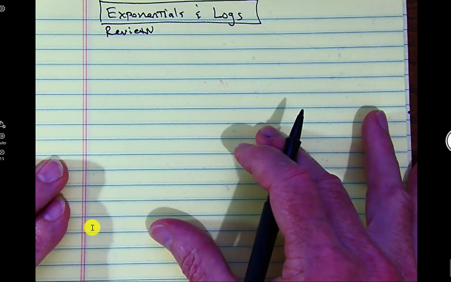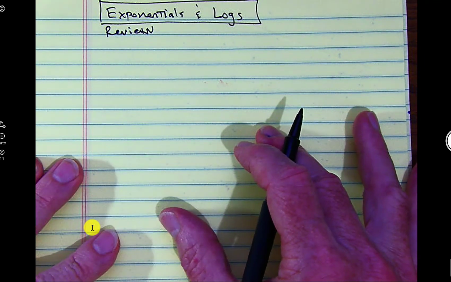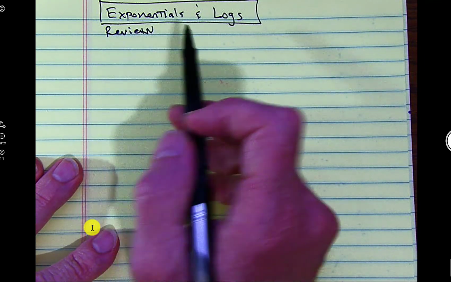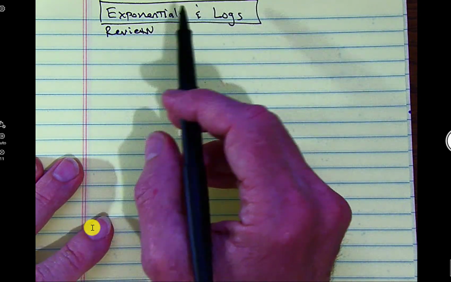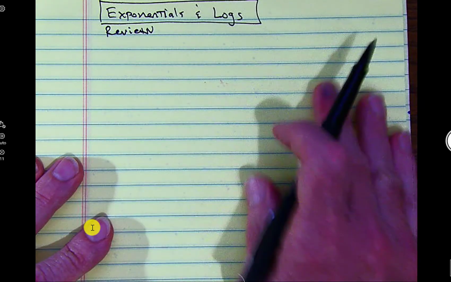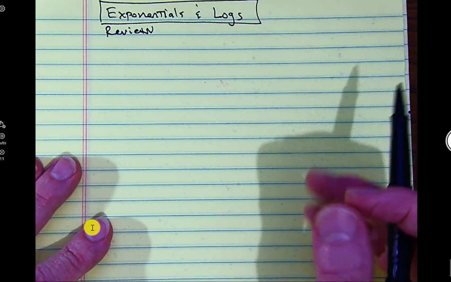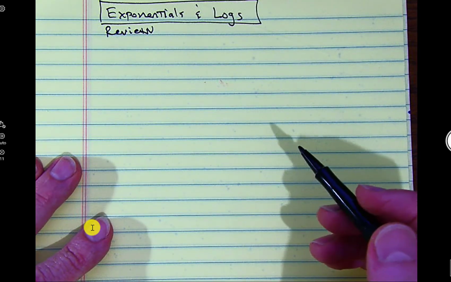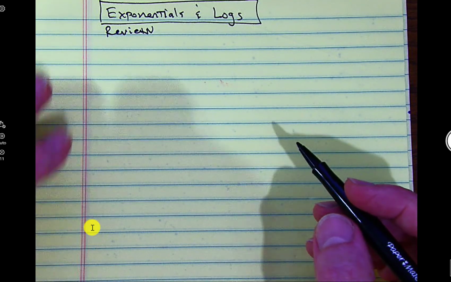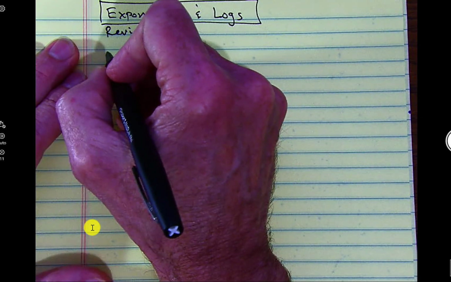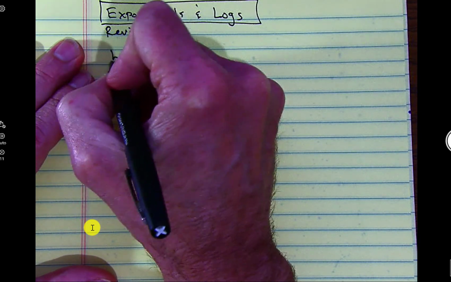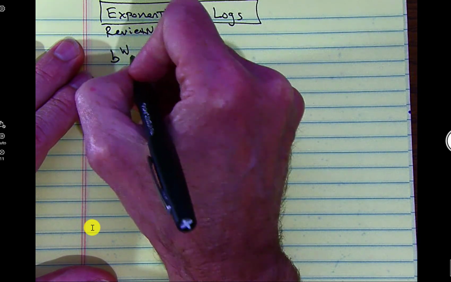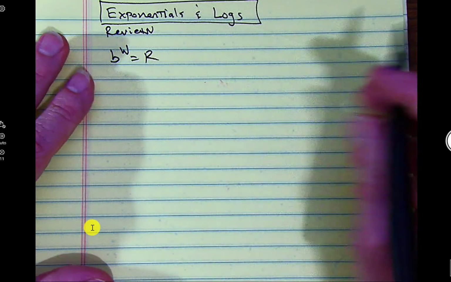All right, we're going to change gears again and look at now a short study on exponentials and logs. Mostly logs, but I want to review these with you just to get your mind back into the idea of these two functions. So first, we saw log exponentials. Say, for example, we're doing b to the w equals r.